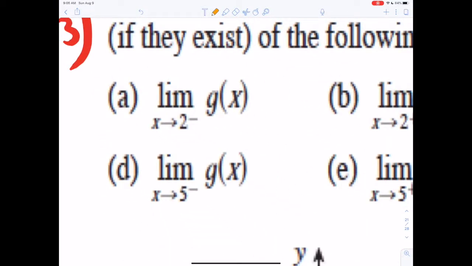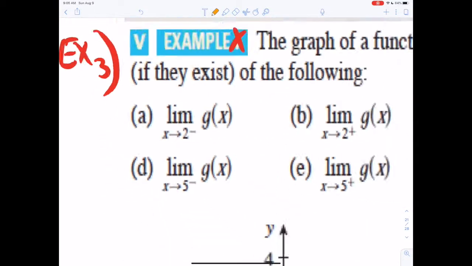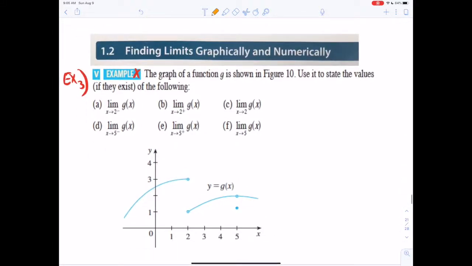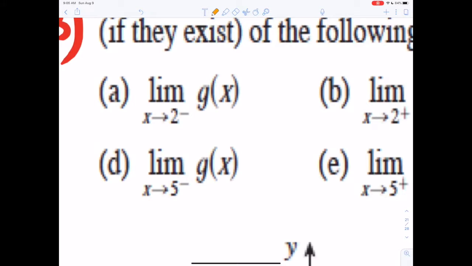We're finding the limit of g of x. And g of x is defined as this blue graph here at the bottom, okay? Here we want to approach what, right? What does that mean? Pause for a second if you need to. Here, it's the limit of g of x as x approaches 2 from the left.